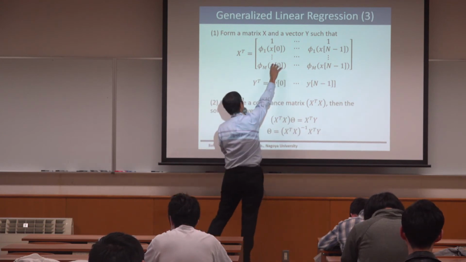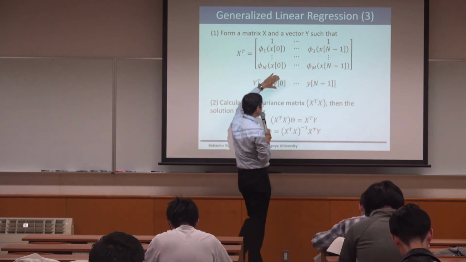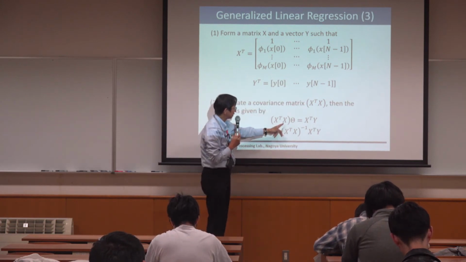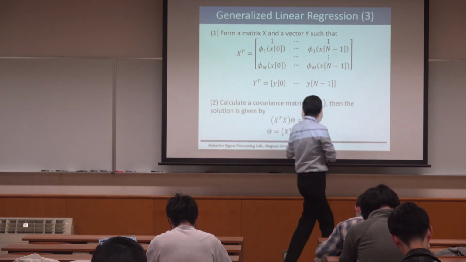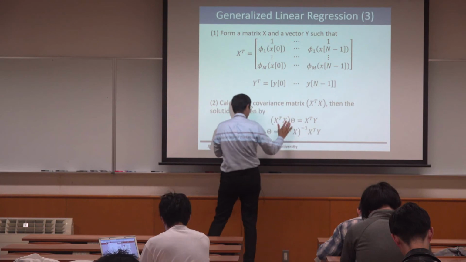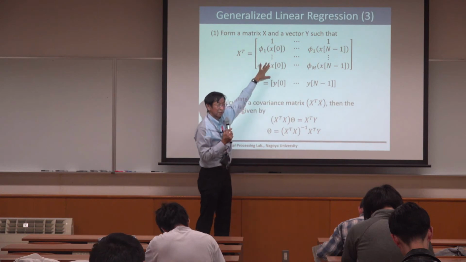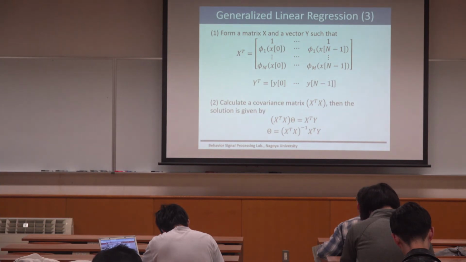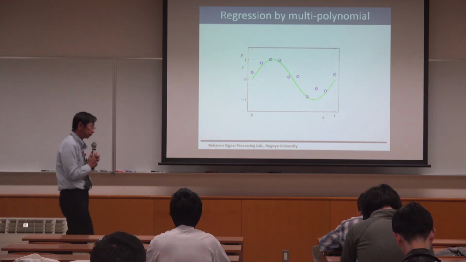And also the dependent variable is a very simple one line. Then you can calculate x transpose times x, which is the covariance matrix, and multiplied by theta is equal to x transpose y. Again, same. So what you need to do is to organize this matrix only.